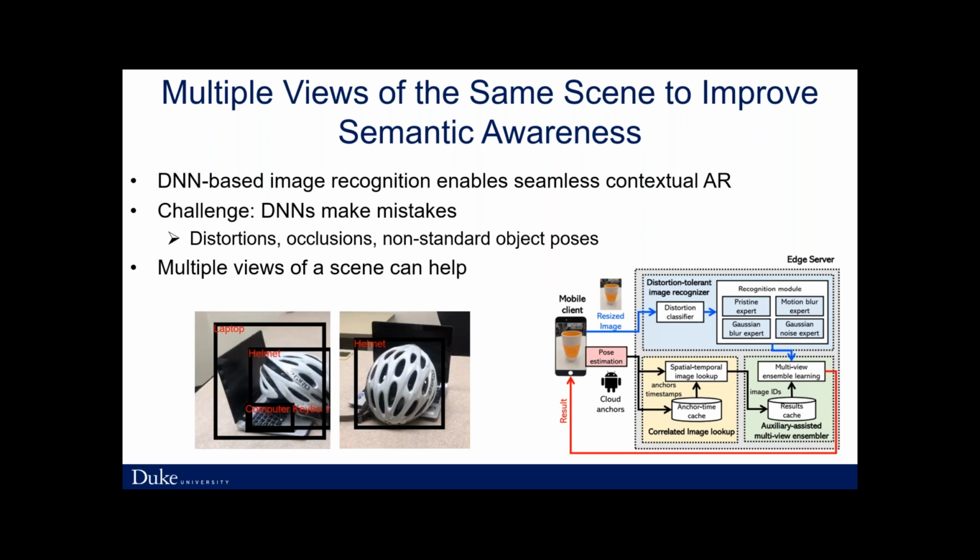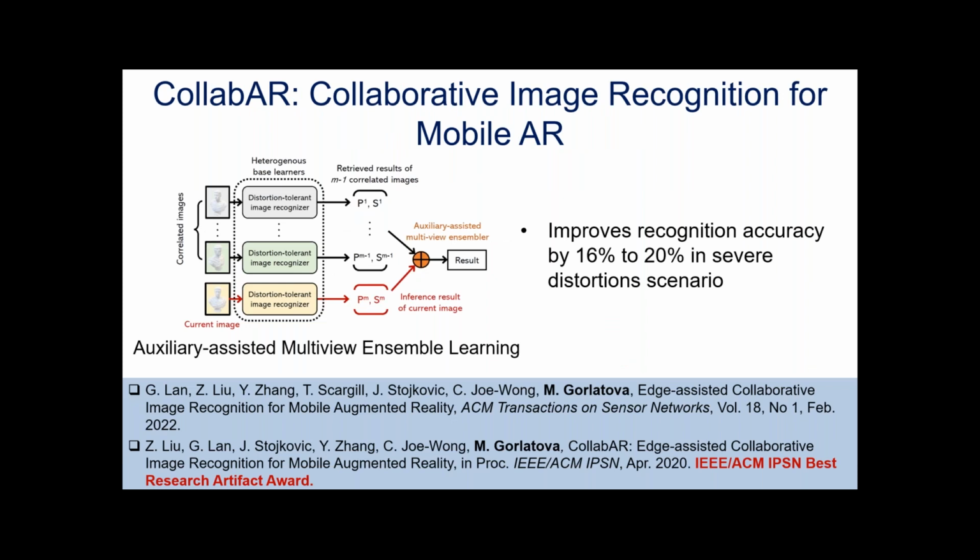Specifically for that, we use an approach that we termed auxiliary assisted multi-view ensemble learning, where we are combining outputs of different classifiers based on our projected confidence in their results. And we have demonstrated that this edge-supported approach improves recognition accuracy dramatically over what can be done with an AR device alone, especially in cases where AR device captures are corrupted by noise, such as motion blur, which is actually a very common scenario.